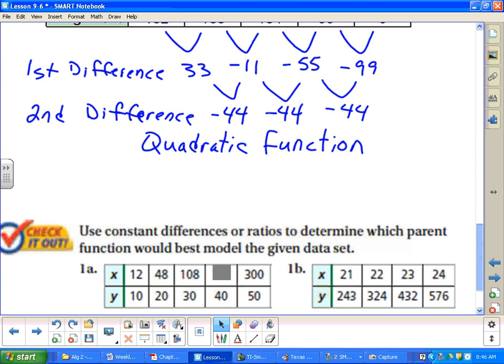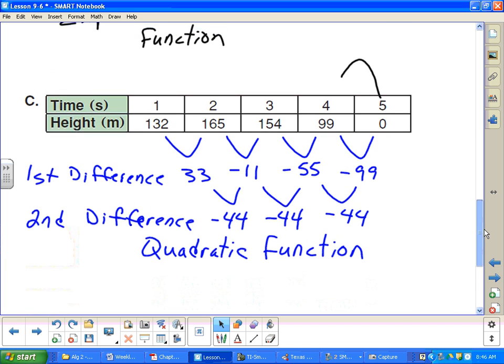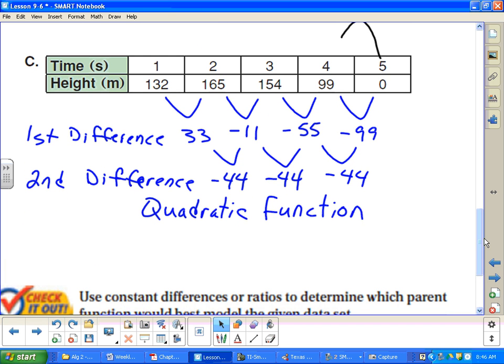So always take a look at your data first and kind of estimate what's going to happen there, first of all, and say, okay, I think it might be this, and then go from there.